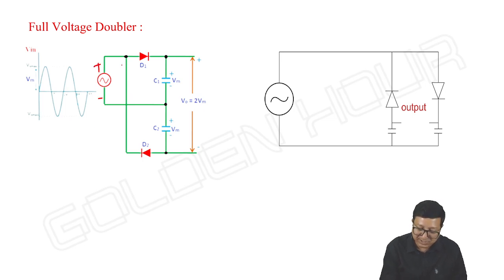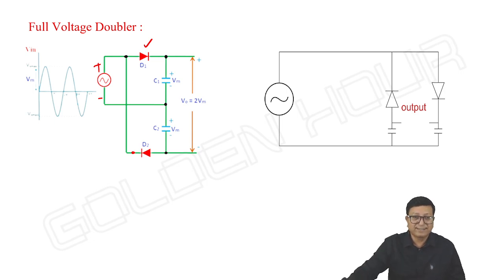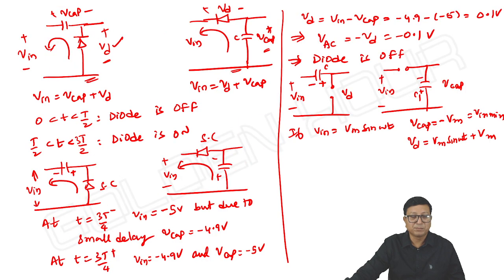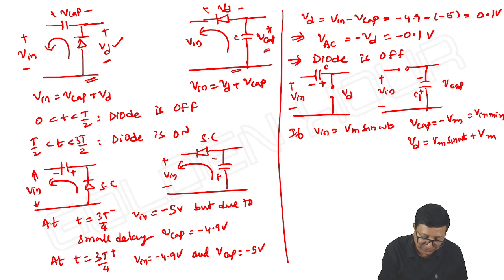Then the anode of D1 is connected to the positive terminal of the supply, so D1 is on, and the cathode of D2 is connected to the positive terminal of the supply, so D2 is off. 0 less than t less than T by 4. Oh, a small correction, T by 4, somewhere I wrote T by 2. 3T by 4, sorry friends. Here I wrote properly.